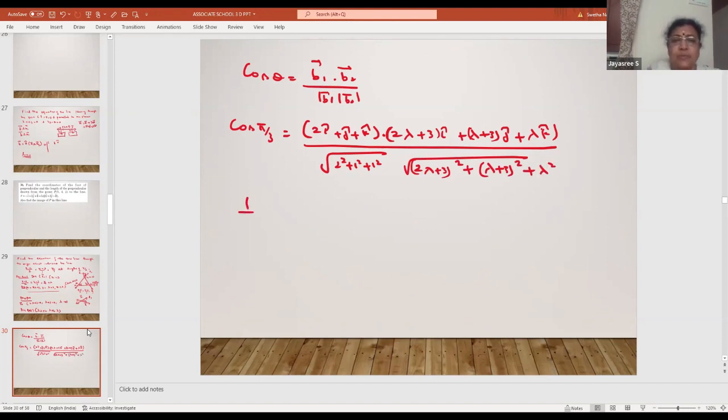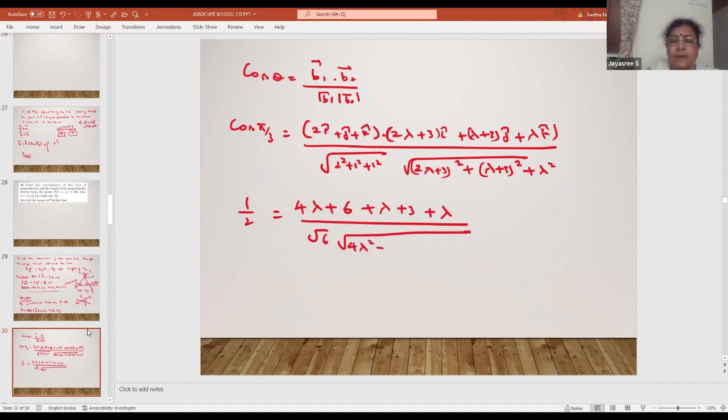Cos pi by 3 is 1 by 2, equal to the dot product. If I do it, 4 lambda plus 6 plus lambda plus 3 plus lambda, by root 6, and here root of 4 lambda square plus 9 plus 12 lambda plus lambda square plus 6 lambda plus 9 plus lambda square.